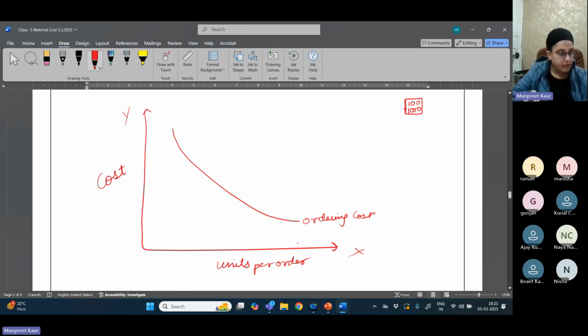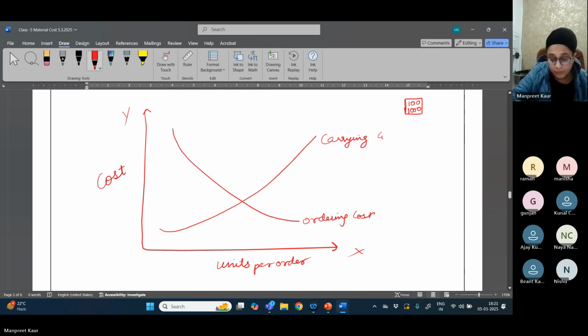Okay, next is the carrying cost. Carrying cost is the holding cost.